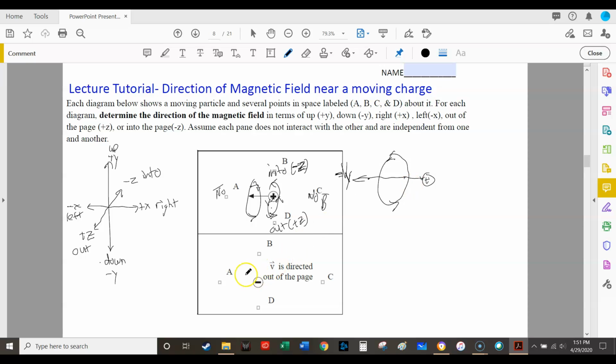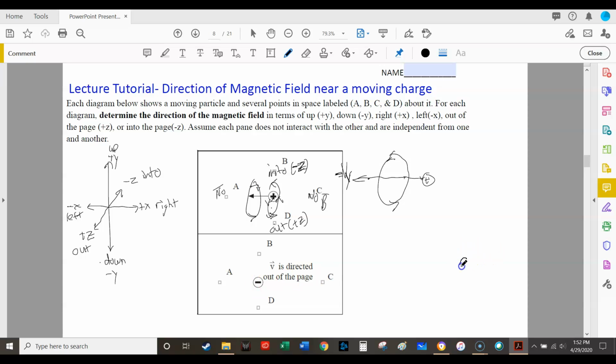Well, now we have another example where you have a negative particle that is moving out of the page. So what do you do when you have a negative particle? Well, you either point your thumb in the direction that the negative particle is moving and do the opposite of whatever your fingers tell you, or you imagine the direction that the current is, right?